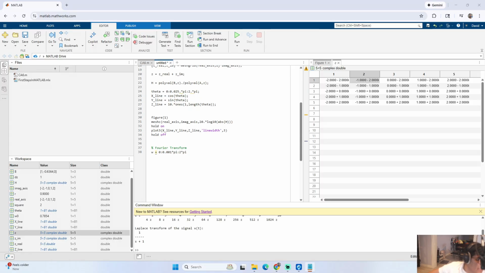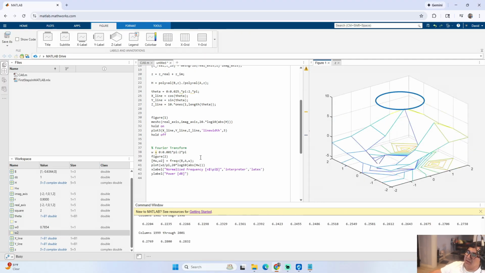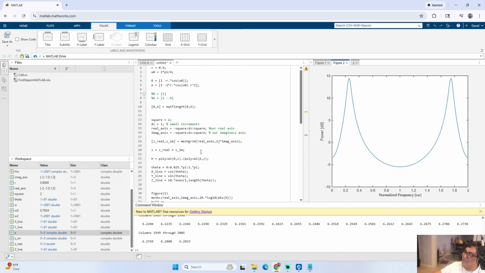I wonder if that's gonna work. Because usually, okay, this is our circle. That's our circle, okay. Yeah, let's try it. I want to see what's going on. Boom. Run that puppy.